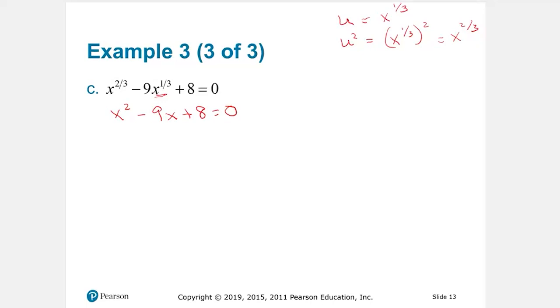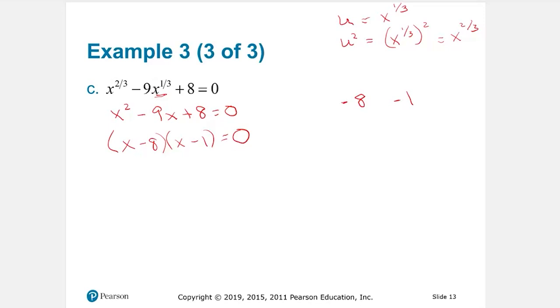So I need to get 8 and 1. And because I have that negative, it's going to be -8 and -1. Those are my two values that are my m and n from the past. And a equals 1, so I can just say this is x minus 8 times x minus 1 equals 0.